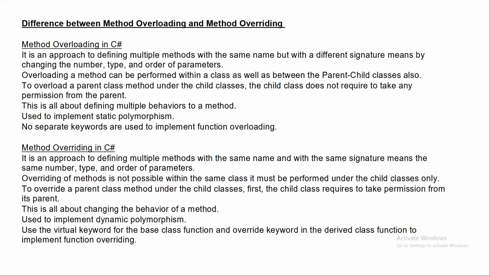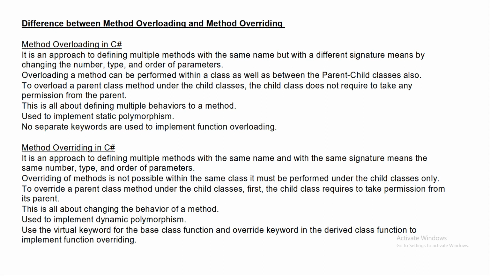For method overloading, you do not require any permission, because if it is public, it is already available in the derived class. As I already mentioned, it implements static polymorphism, and we do not require any specific keywords like override or virtual for overloading.